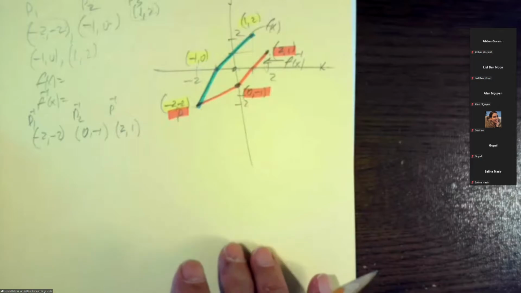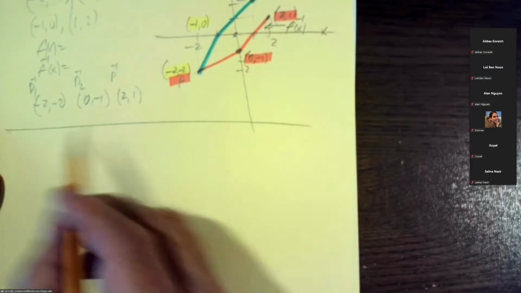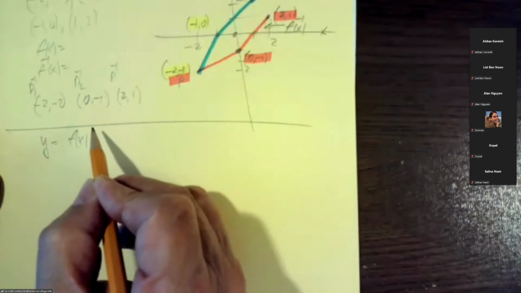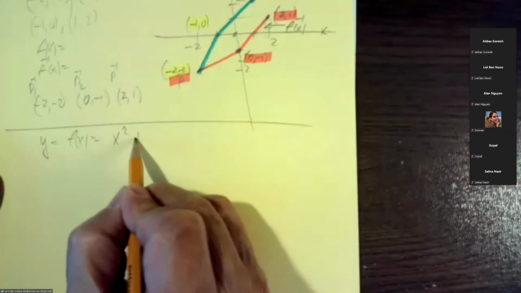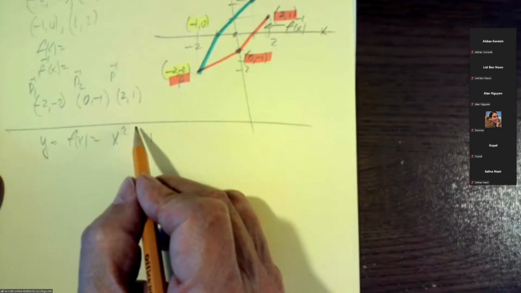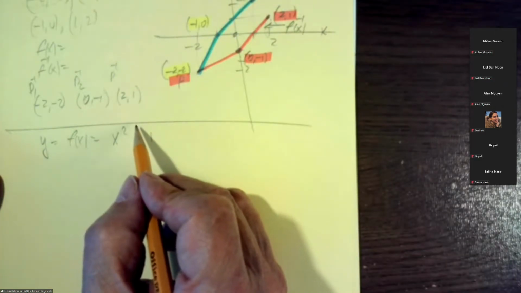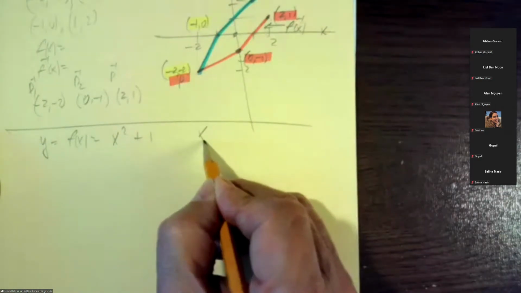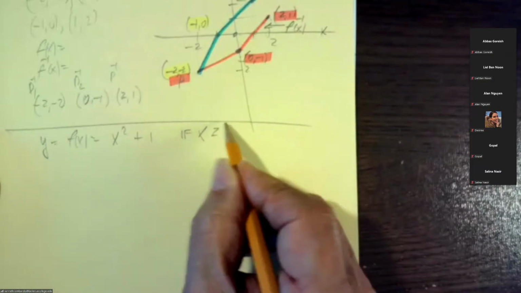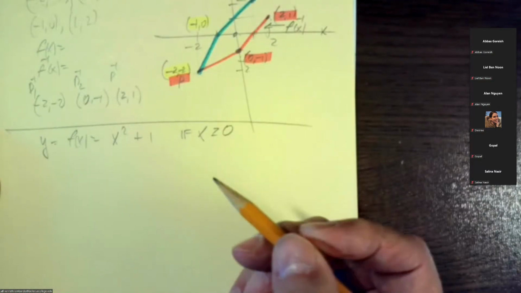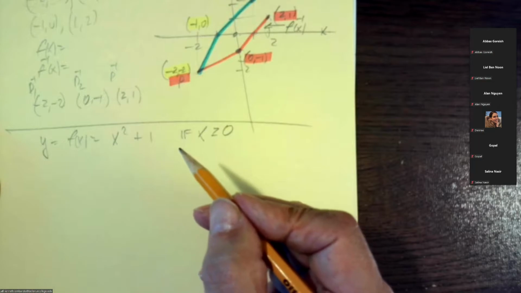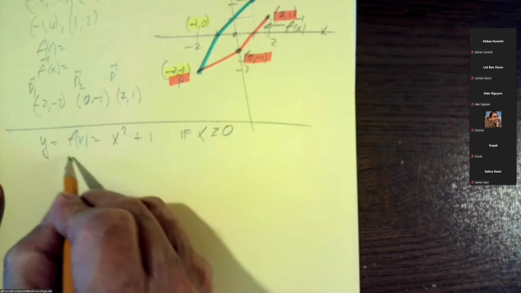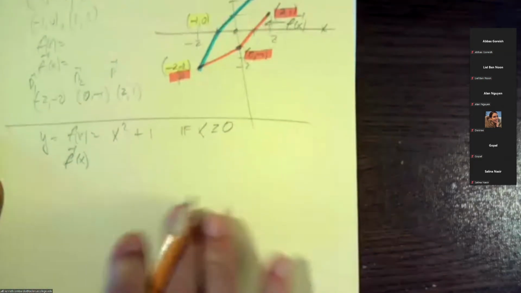Let's say you're given y equals some function of x, f of x equals x squared plus 1, if x is greater than or equal to 0. And we want to find f inverse of x.